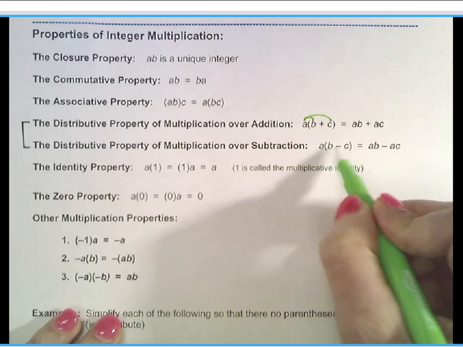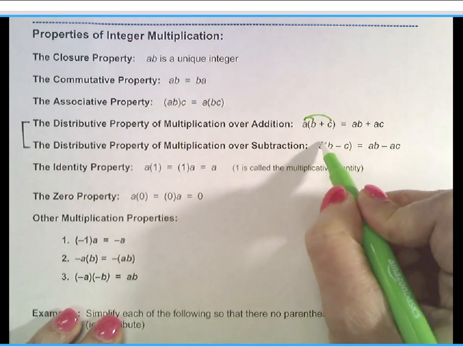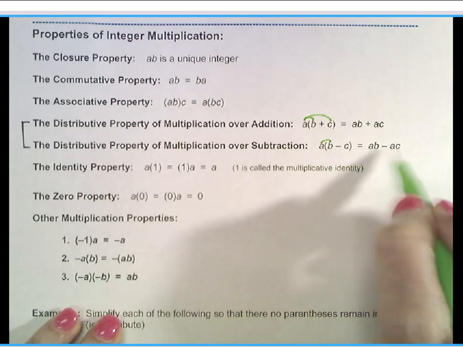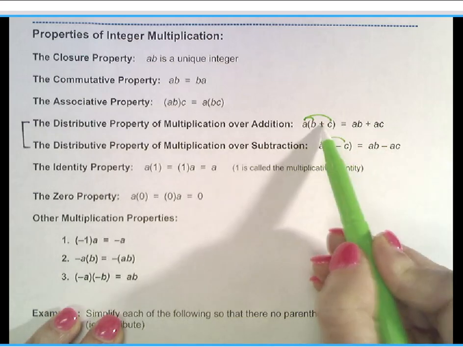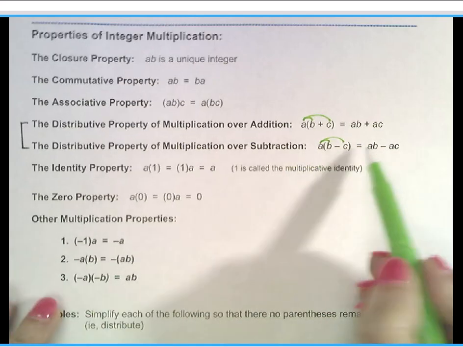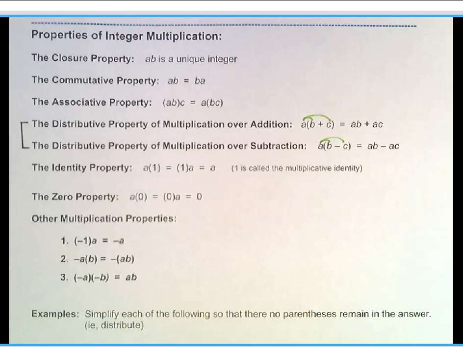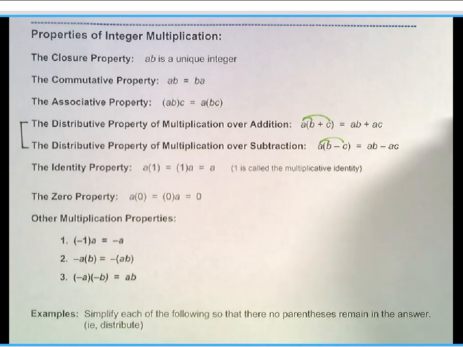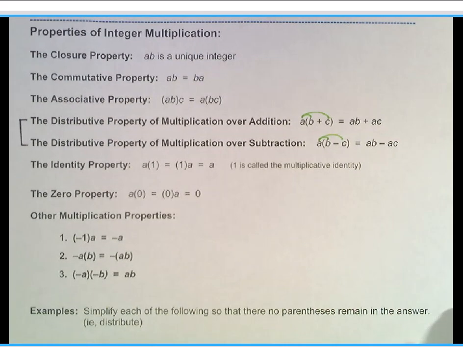Or if you have a number times a difference, you'll do A times B minus A times C. So please understand that this addition stays, the subtraction stays. It's just we've removed the parentheses, and so that's a way to simplify. And if you do this process backwards, it's called factoring.